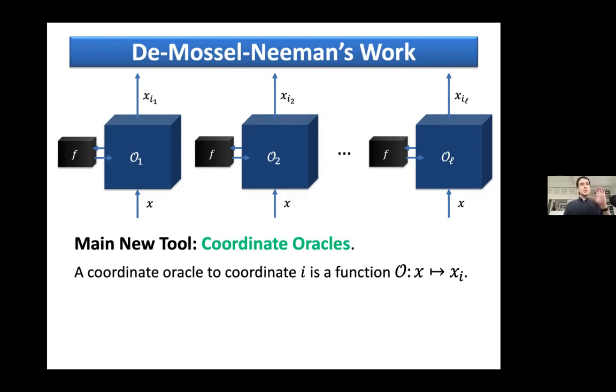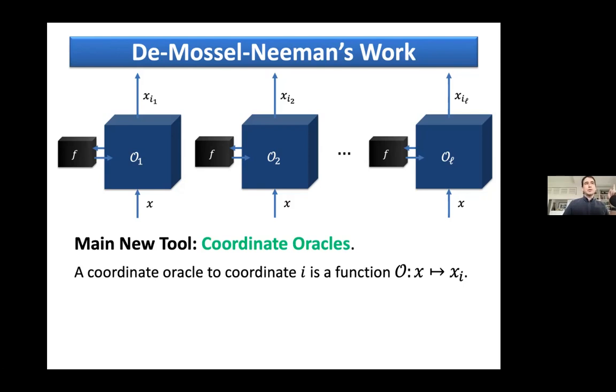DMN gets this set of coordinate oracles, but without even knowing what the coordinates are. So what do I mean by that? Given x, let's say the oracle O1 talks with the black box function f and outputs x_i1.